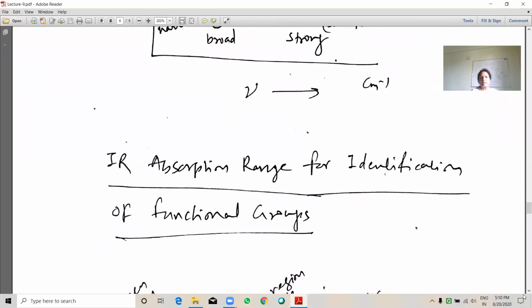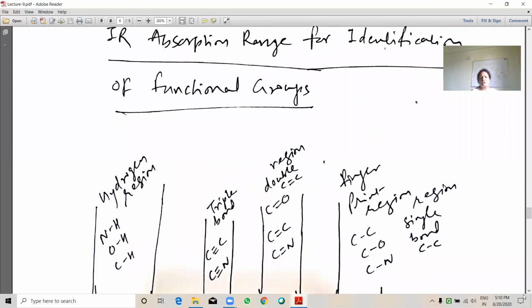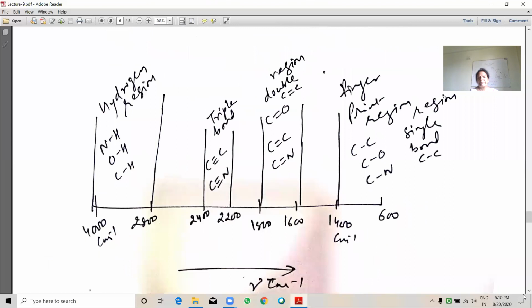IR absorption range for identification of functional groups. See here, this 600 to 1400 is also known as the fingerprint region, and we also call it the single bond carbon carbon region. Here stretching frequencies of carbon carbon, carbon oxygen, carbon nitrogen are observed.